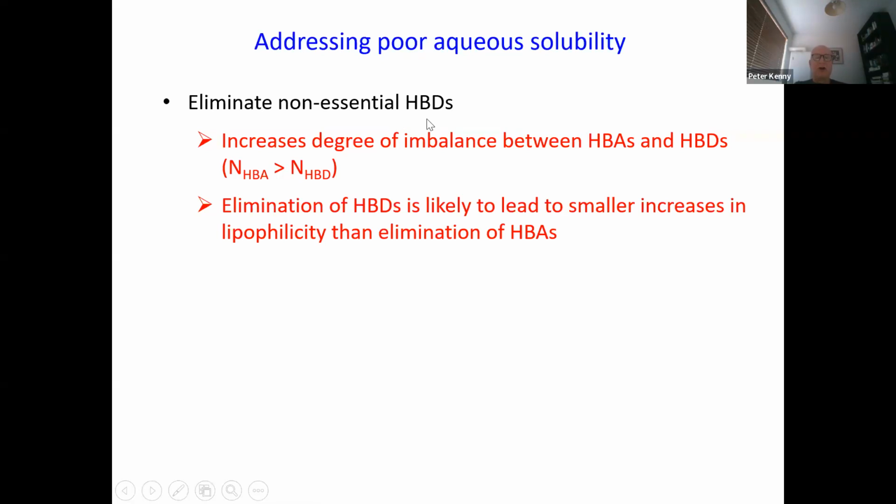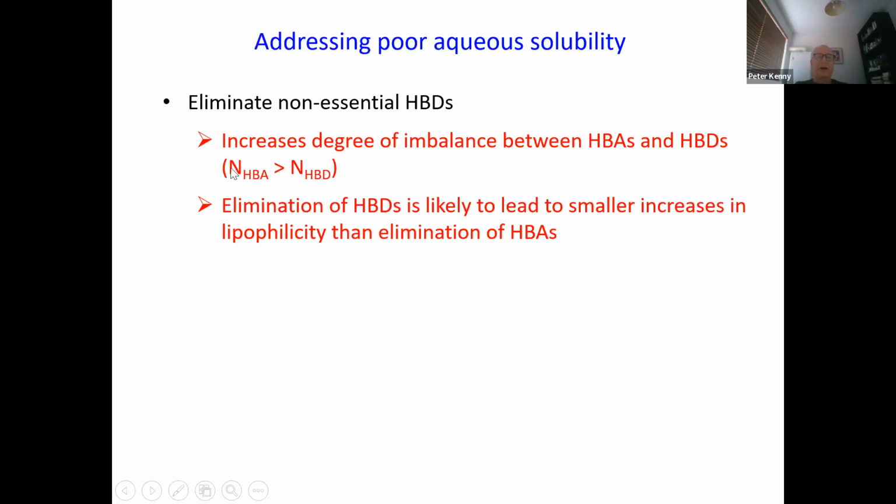First of all, if you eliminate these non-essential hydrogen bond donors, meaning the hydrogen bond donors that are not actually necessary to achieve binding to the target, then because you normally have more hydrogen bond acceptors than donors, if you get rid of one of the donors, you will increase this imbalance.